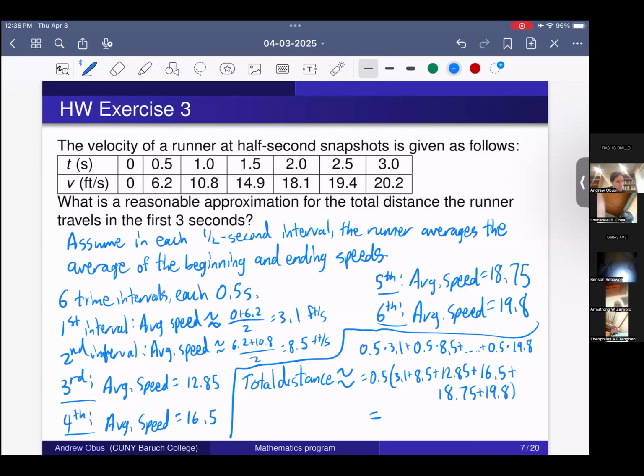So 0.5 times 3.1 plus 8.5 plus 12.85 plus 16.5 plus 18.75 plus 19.8. I'm getting 39.75 feet.